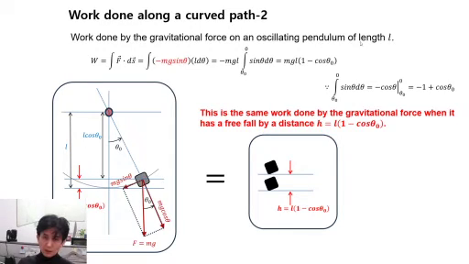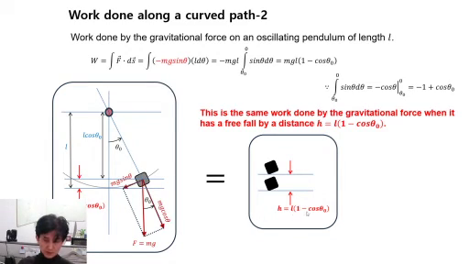So mg times L times 1 minus cosine theta 0, if I rewrite L times 1 minus cosine theta 0 as h, then that is the work done by the gravitational force for a free-falling object by a distance h.